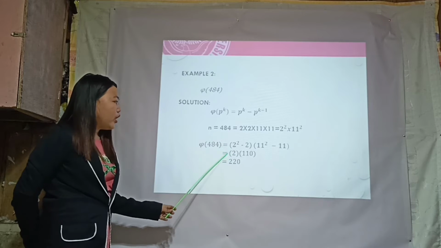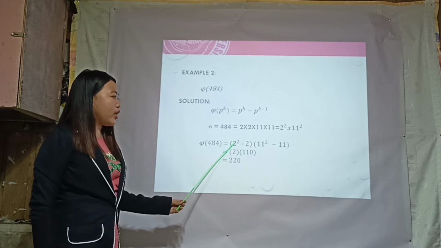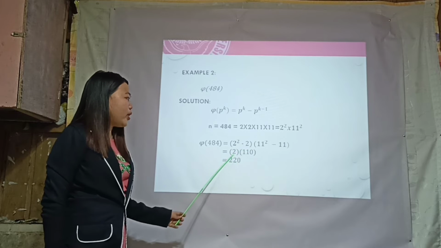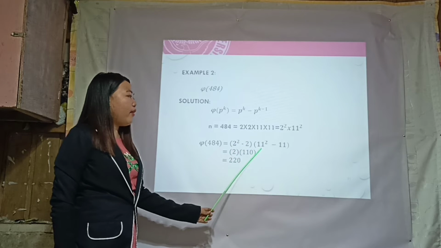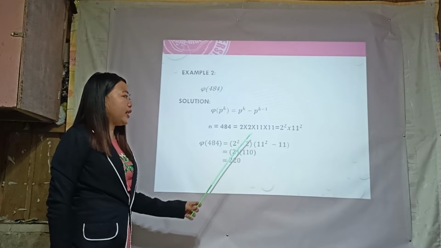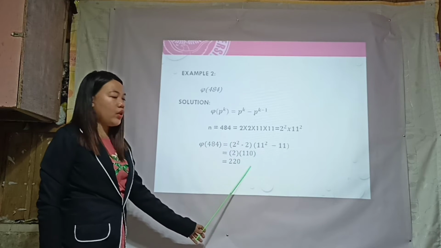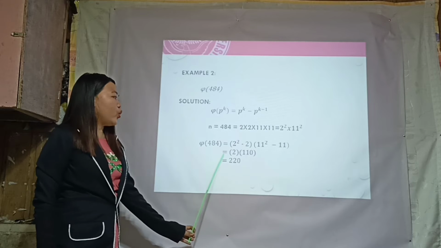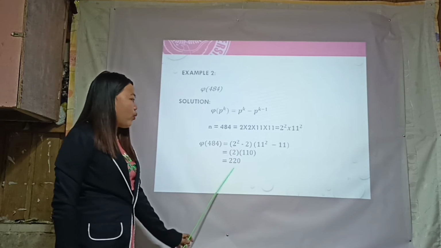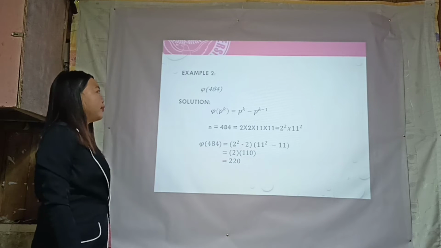Therefore, 2 times 2 is equal to 4, minus 2 is equal to 2. Then 11 times 11 is equal to 121 minus 11 is equal to 110. So 2 times 110 is equal to 220.